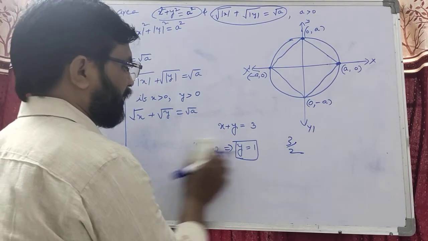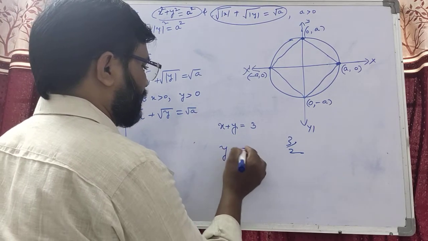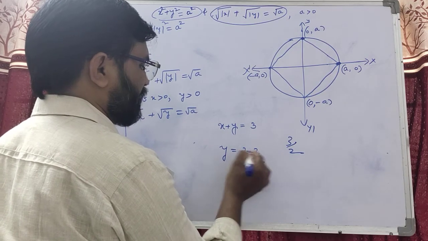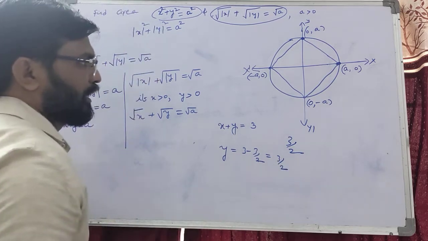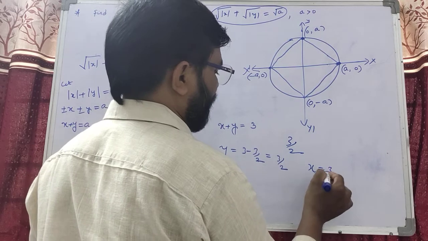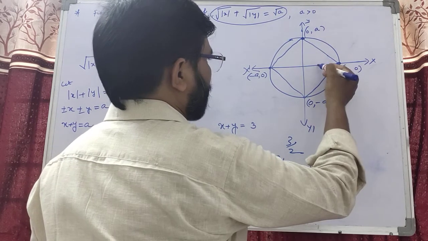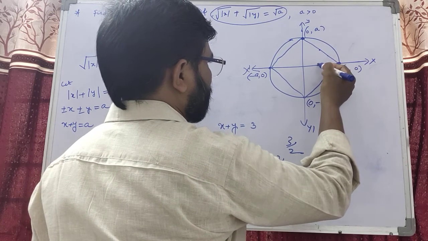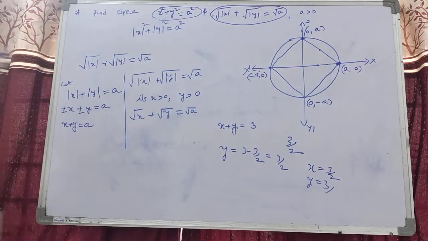When we take x equal to 3 by 2, y equals 3 minus 3 by 2, which is 3 by 2, 1.5. Dear students, when we take x equal to 3 by 2, y is also 3 by 2. That means when we take the mid value of x, we get the mid value of y. Okay students, this is the mid value, and this is again the mid value. So 3 by 2 is 3 by 2.